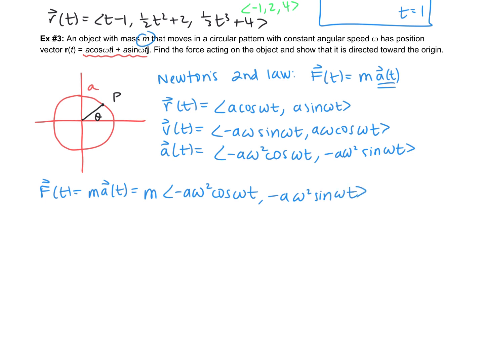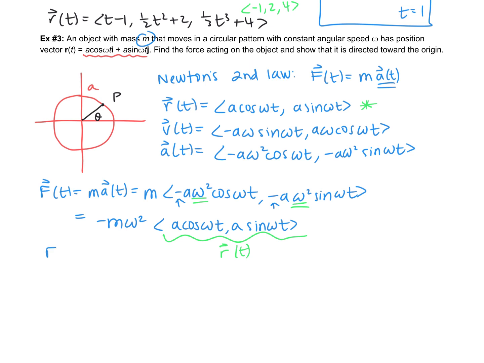Okay, so both of these components have an omega squared, so I'm going to factor that out. So this becomes negative m omega squared, and I'm also going to take out the negatives, times a cosine of omega t, a sine of omega t. And at this point, that should be familiar. This, if we go back to the beginning, is just our position function.